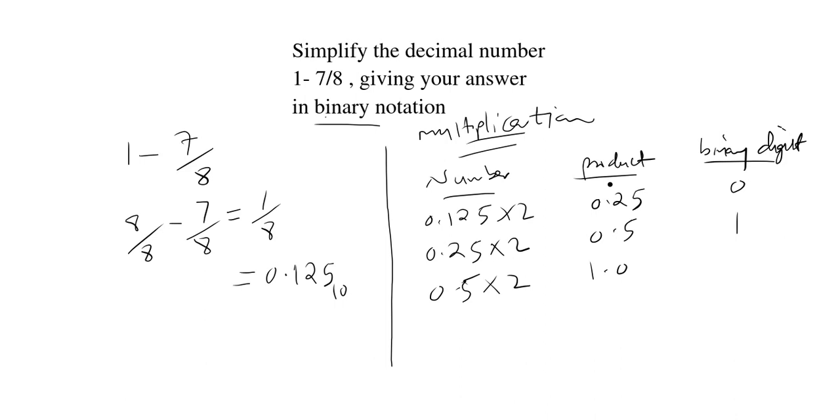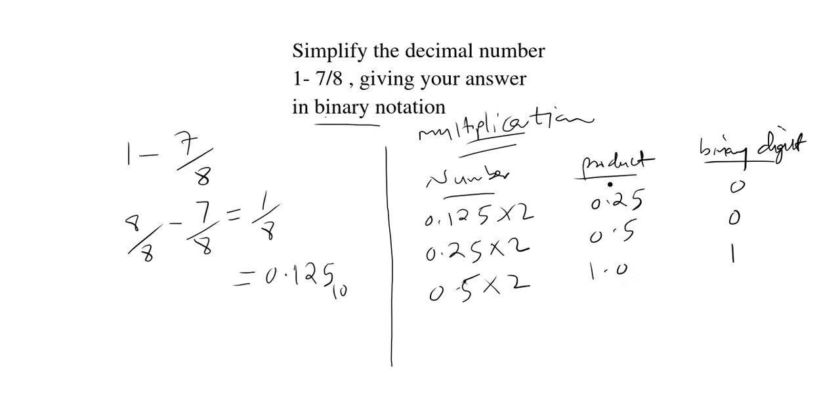Now the whole part is 1, so we extract the 1. And as you can see, we cannot multiply further because the number has become 0.